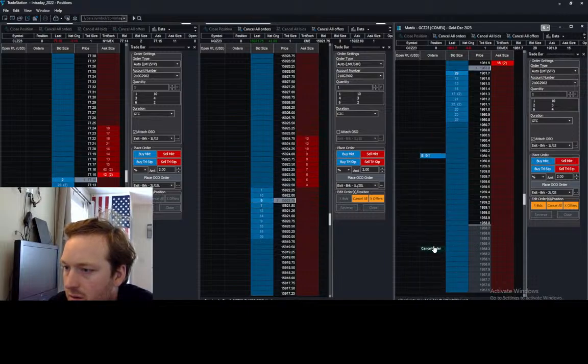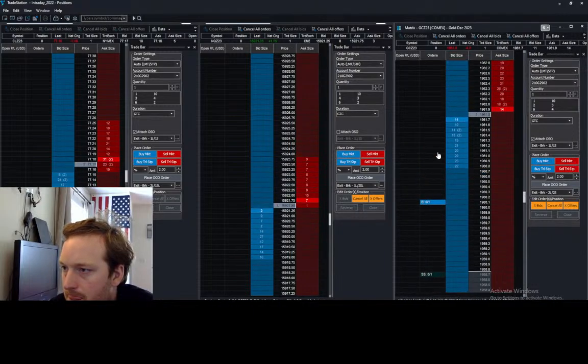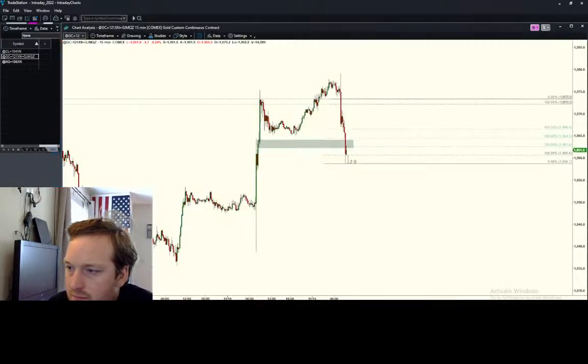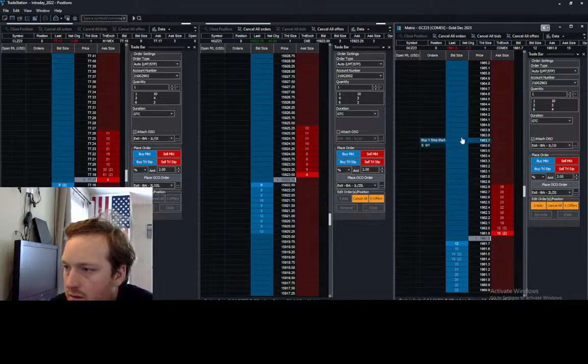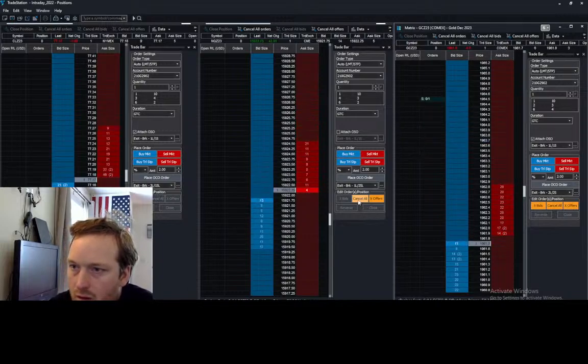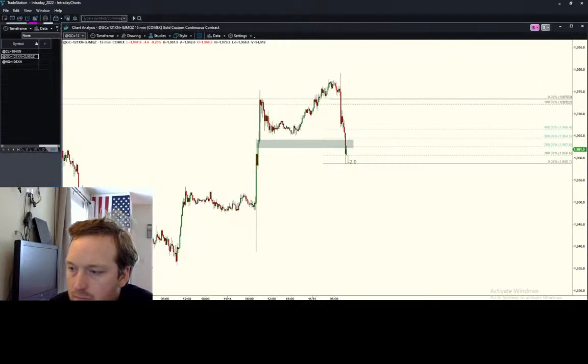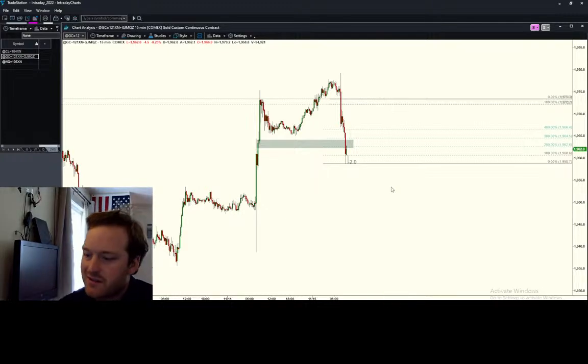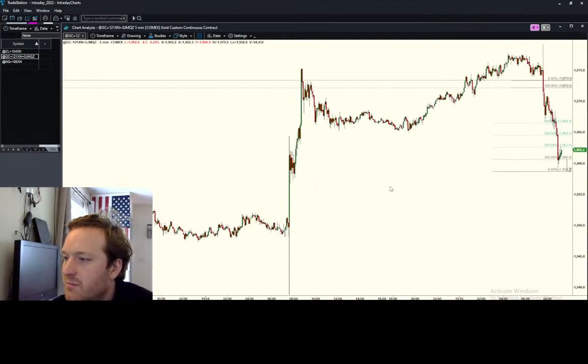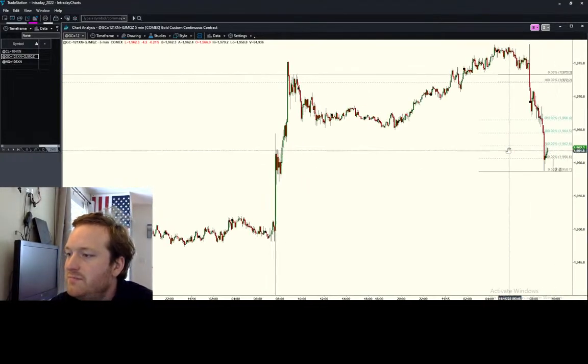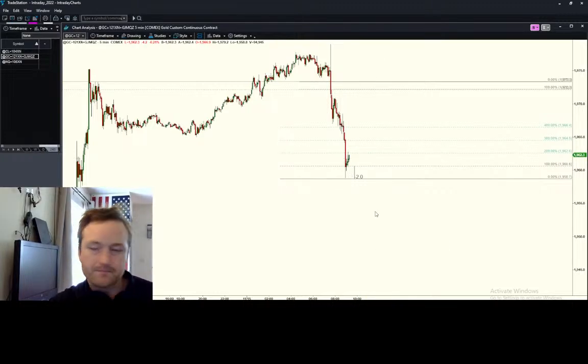And then targets are at 64.5. Good. It doesn't look like it's gonna do that though. It looks bullish, man. Look at that go. It's just so bullish.